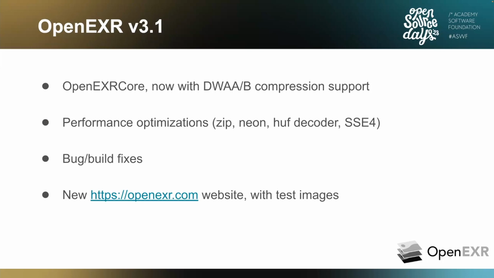The most recent addition was support for the DreamWorks compression formats. Lots of other tweaks along the way to make sure we're optimizing performance, mostly in the form of making sure that we're using all of the available intrinsics properly. Lots of build and bug fixes, and we finally got around to modernizing the website and a gallery of test images to go with it. Next slide.